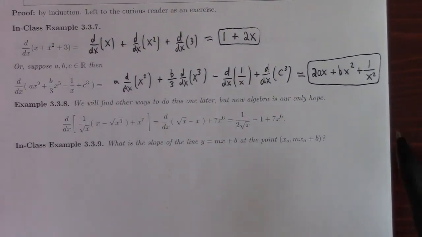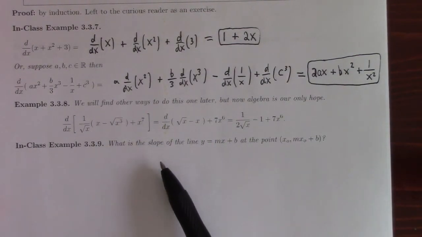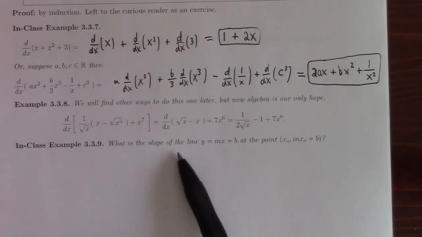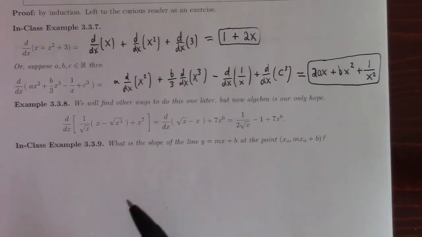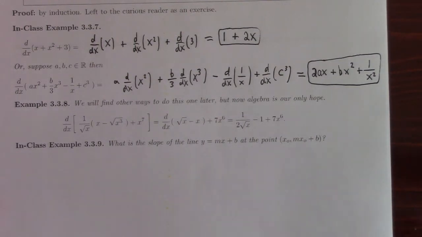Alright, so here's another example. Question. What is the slope of the line y equals mx plus b at the point x naught, mx naught plus b?